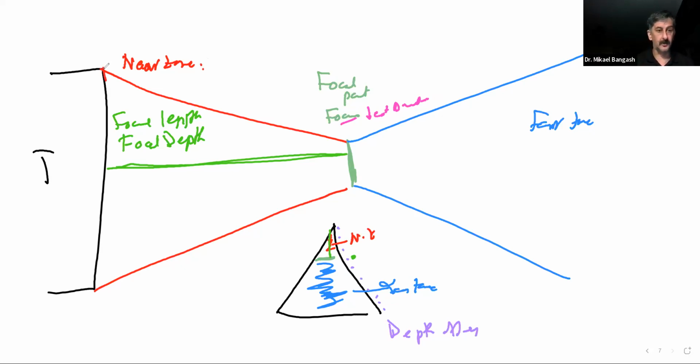What's the distance from the transducer to the point where the beam focuses? That distance is going to be called the focal length or focal depth, because that's the depth at which the beam focuses.